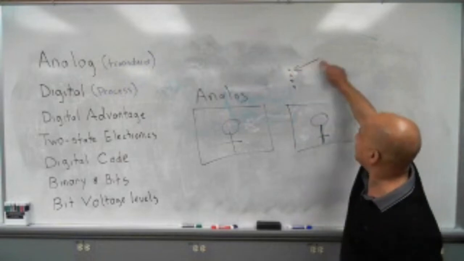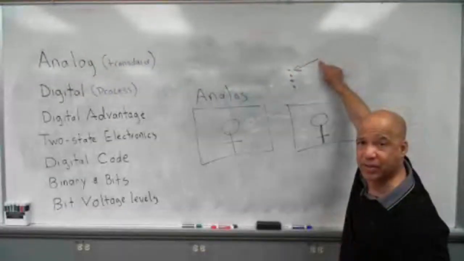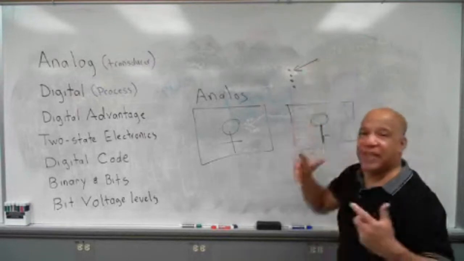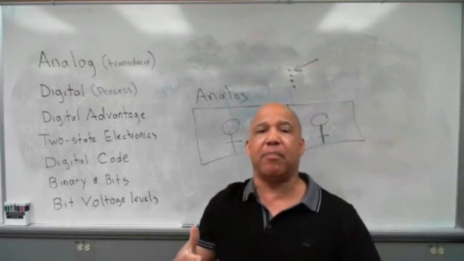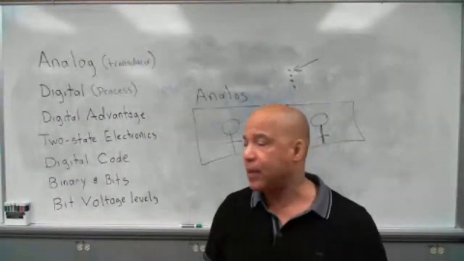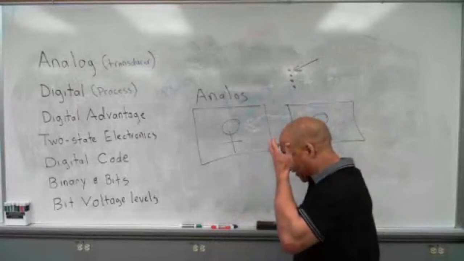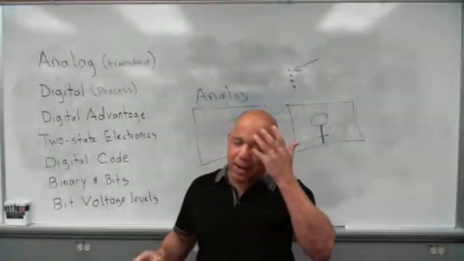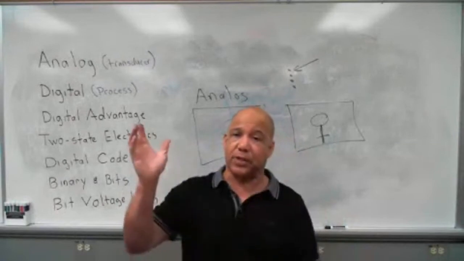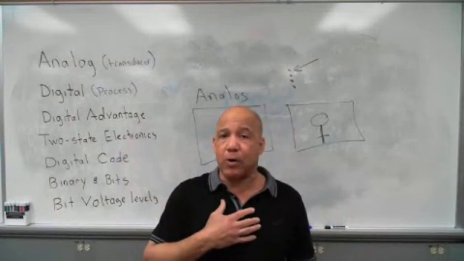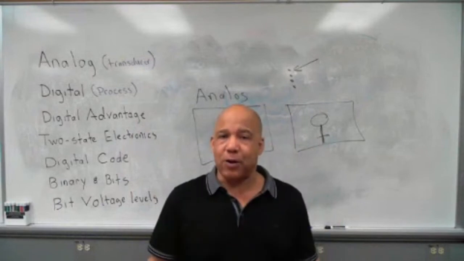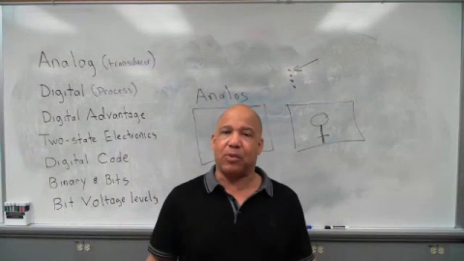Since each one of these points is represented with zeros and ones, a binary code, that number that's stored can be repeated over and over and over again, and it doesn't degrade. Let me see if I can give a better example. I don't know how old you are, and you probably listen to music on your cell phone, but I'm old enough to remember records and cassette tapes.